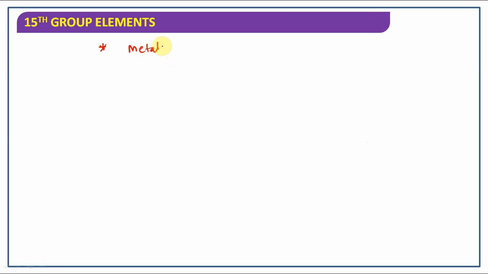Metals which become passive in HNO3. See, there are a few metals like cobalt, nickel, chromium, aluminum.